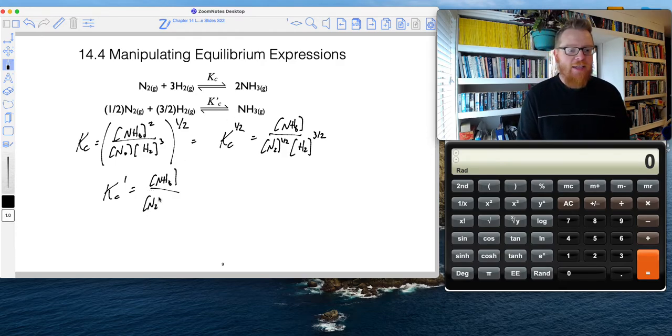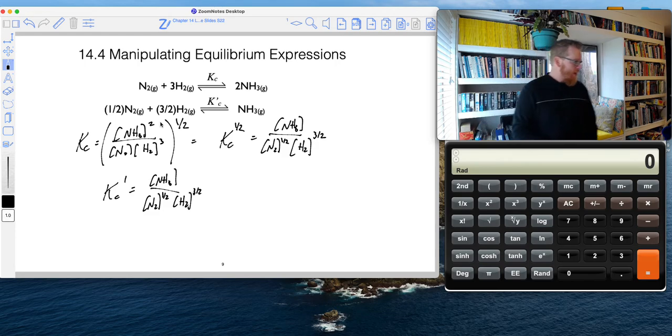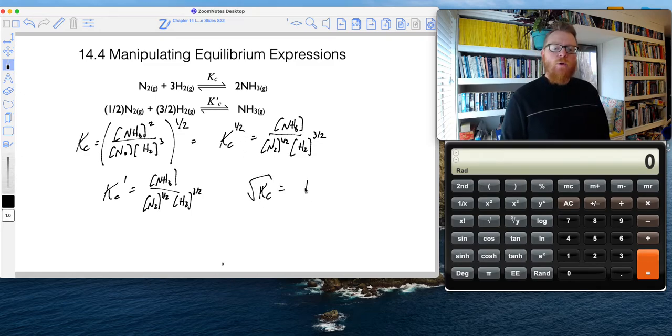And now that's [N2] raised to the 1/2 power from that coefficient, and [H2] raised to the 3/2 power from that coefficient. And so you can actually see now that Kc to the 1/2 power equals Kc prime. Or I could write that Kc equals Kc prime all squared.